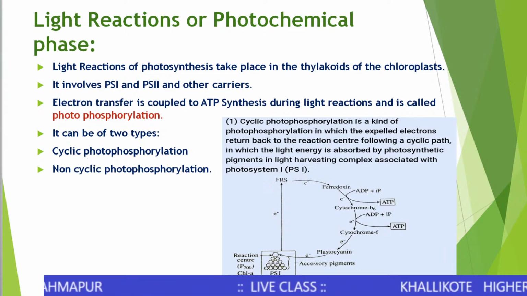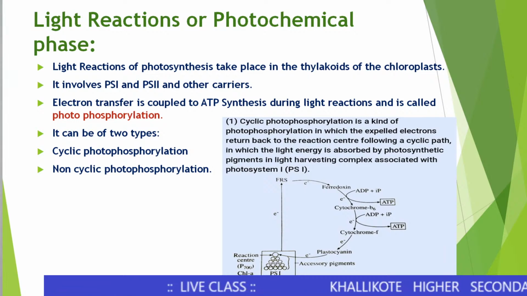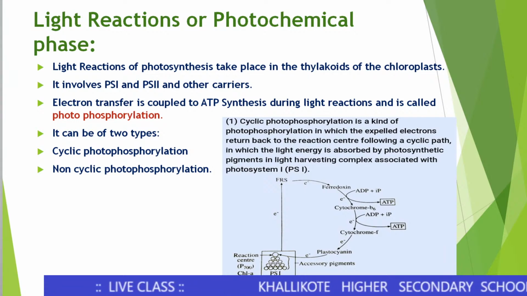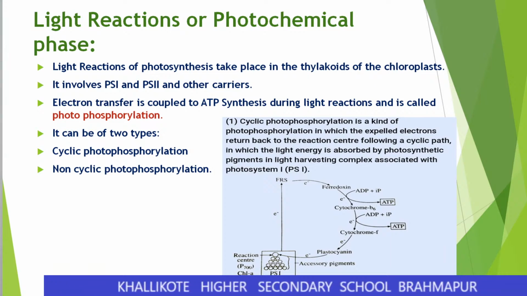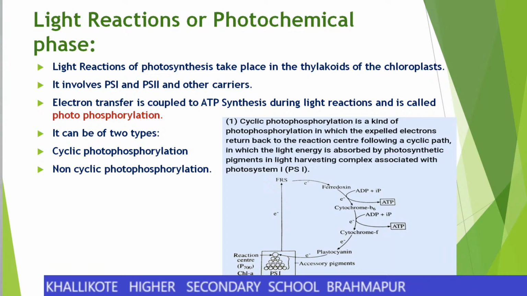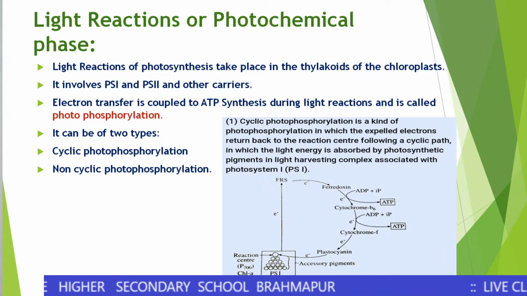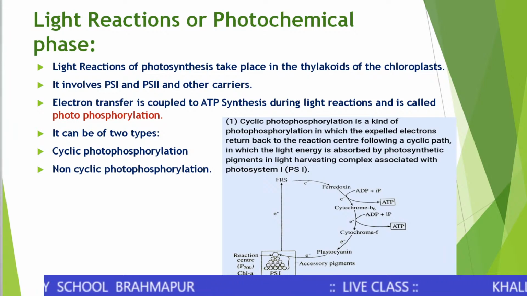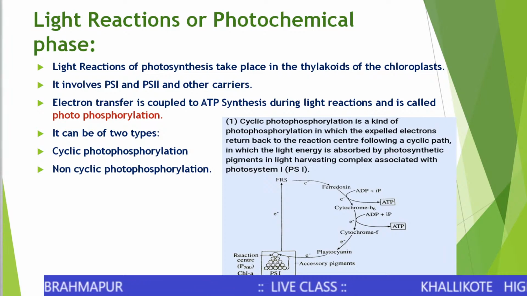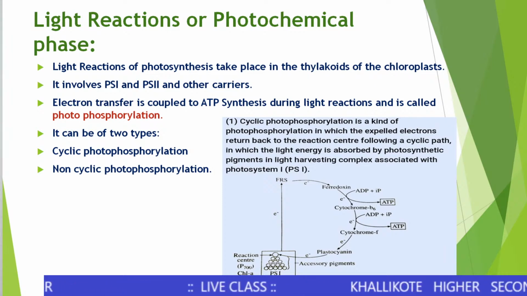The two photosystems will be involved along with other carriers. The electron transfer from these photosystems during the light phase is also coupled to the synthesis of ATP, and this is called photophosphorylation.